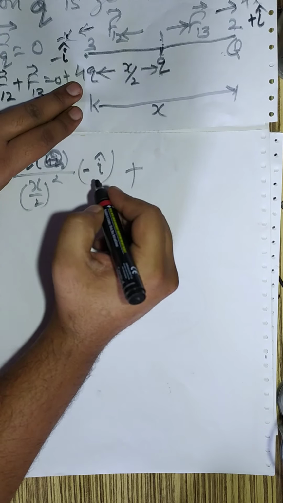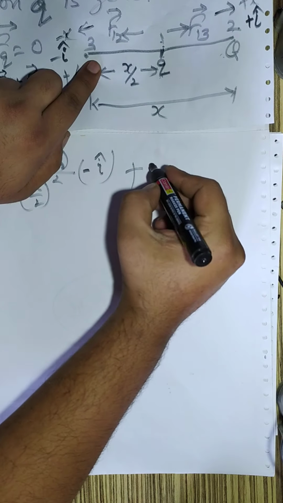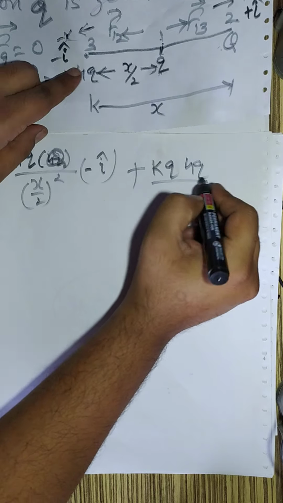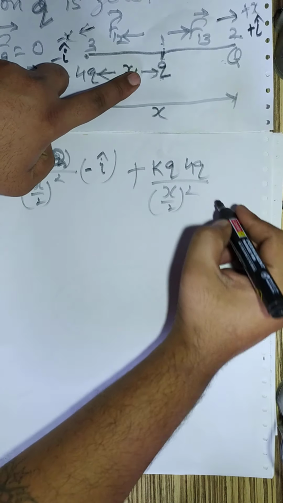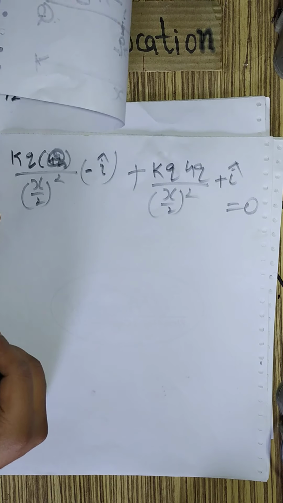plus next one, force on 1 due to 3. So the force between these two will be K Q1 Q2 upon distance square, and the direction is this one, so that is plus i cap, and this must come to 0.